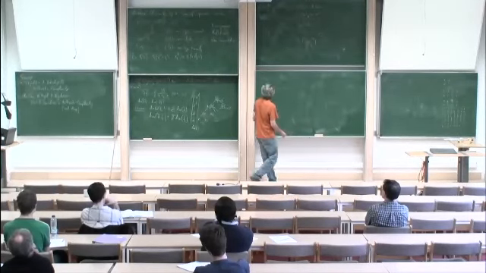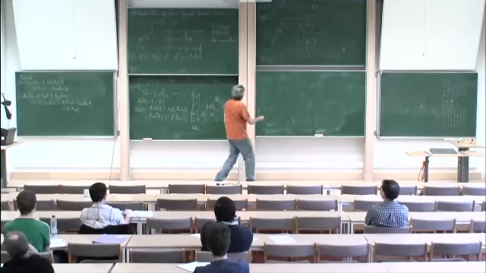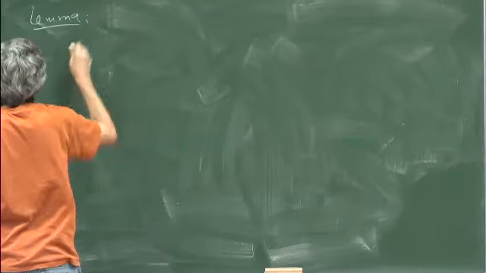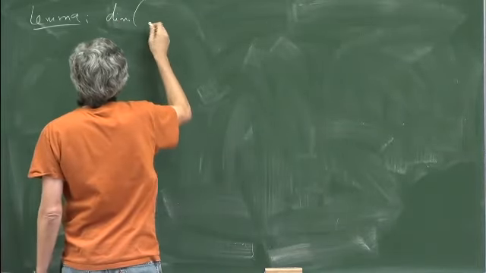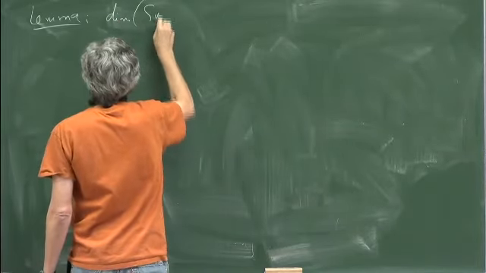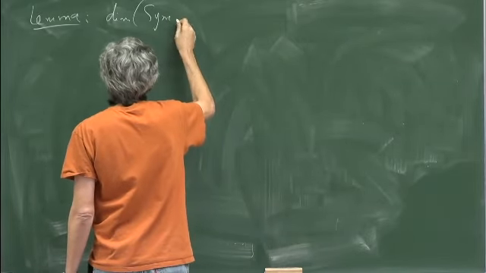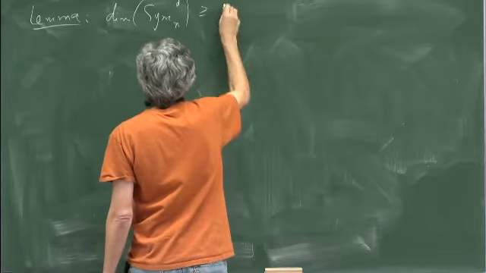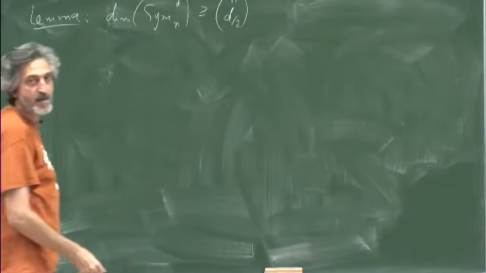I will not do it in any detail, but I'll tell you this other lemma that together finishes the proof: the dimension of it, for d equal to n over 2, is large. I'll just explain where it is coming from.